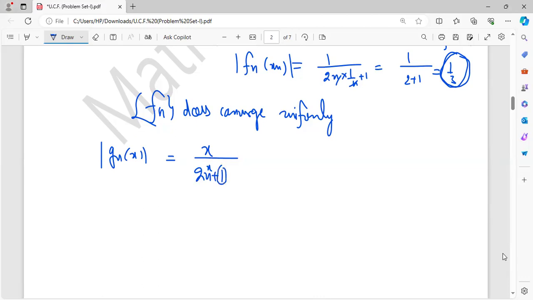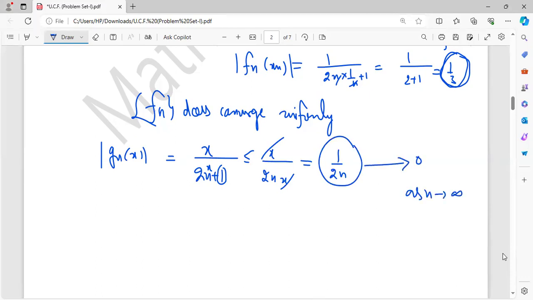If I skip the 1 here, it will be 2nx, and I can cancel x. So it will be 1 upon 2n. Now this is free of x and it tends to 0 as n tends to infinity, and does not depend on x. It means g_n tends to 0 function uniformly. So the second statement is true, but the first is false.